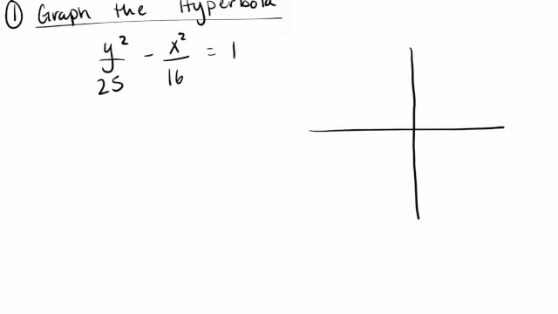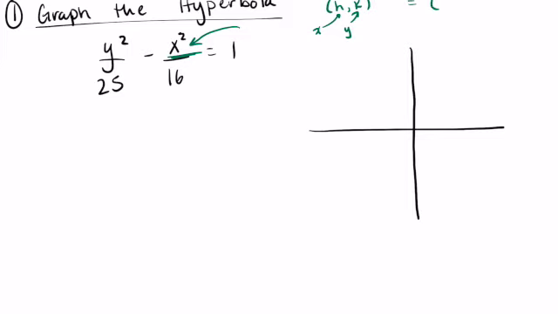So the first thing I see, step 1, is find my center. Well, remember, my center is always (h, k), where h comes from the x value and k comes from the y value. And this is what I was saying, we've got to be careful, because in regards to this formula, x comes second. So I'm looking at whatever value is right here with x. Well, it's 0, we get that.